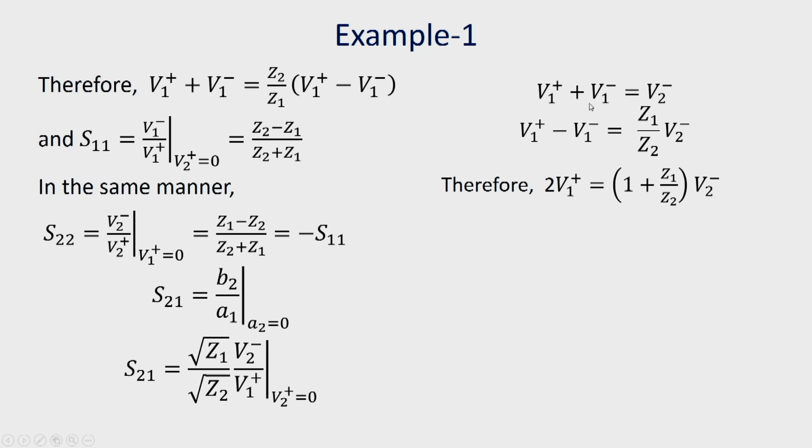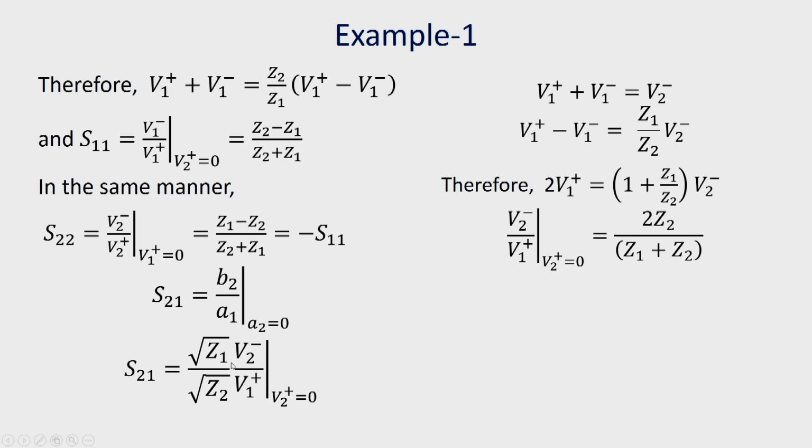And therefore, if we add these two, we get 2 V1 plus is equal to (1 plus Z1 by Z2) V2 minus, and therefore, V2 minus by V1 plus when V2 plus is equal to 0 is 2 Z2 divided by Z1 plus Z2.